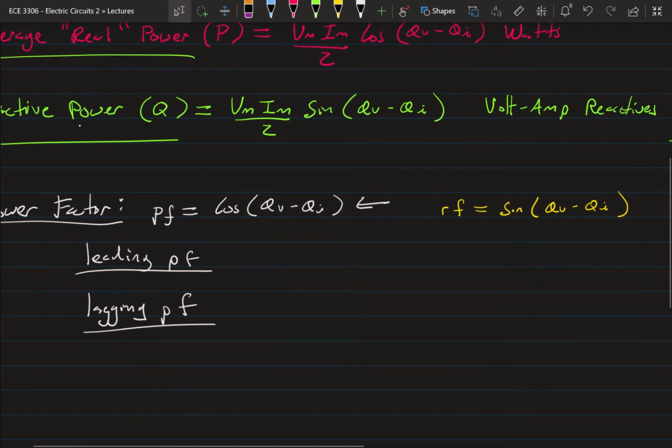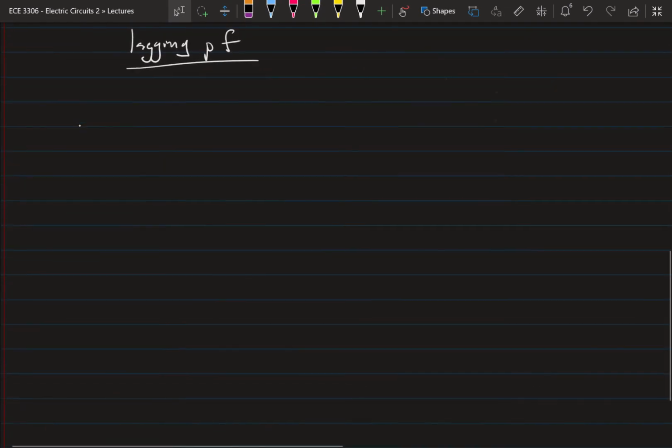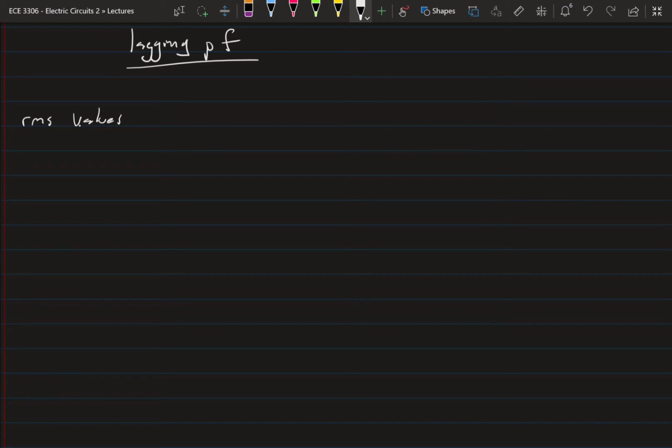Now before we call it quits and work on an example, I want to quickly make a note of the RMS values as they pertain to these power calculations. Remember that our VRMS is equal to Vm over the square root of 2, and the IRMS is equal to the maximum amplitude of the current, I sub m, over the square root of 2.